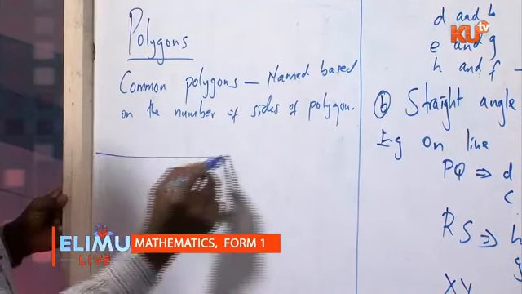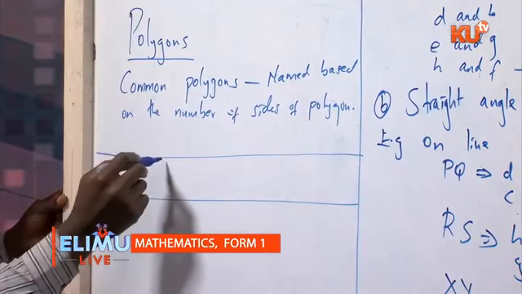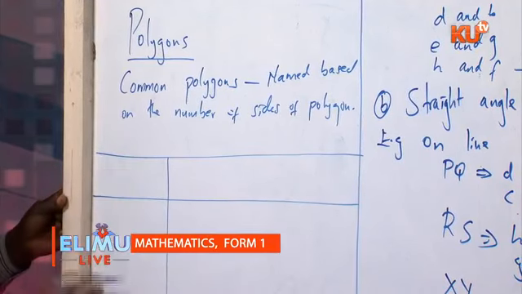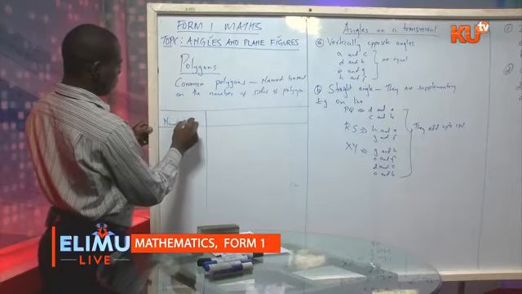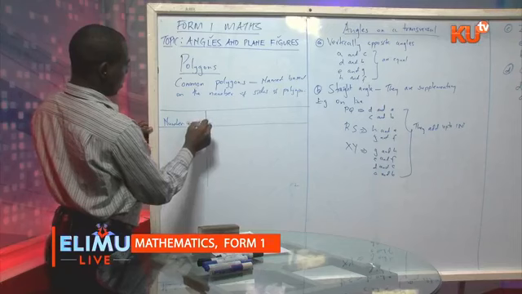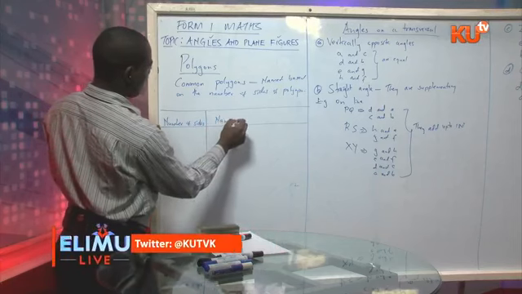So let's draw a table and identify these common polygons with their names based on the number of sides. I'll have here number of sides, and then name of the polygon.